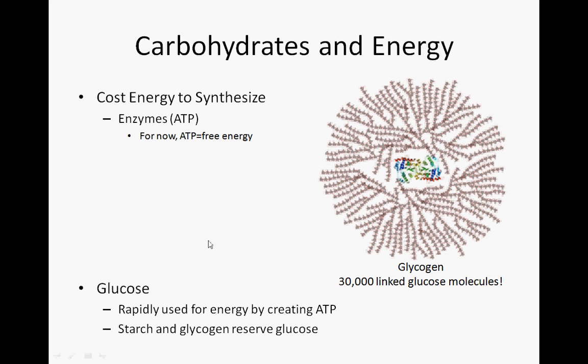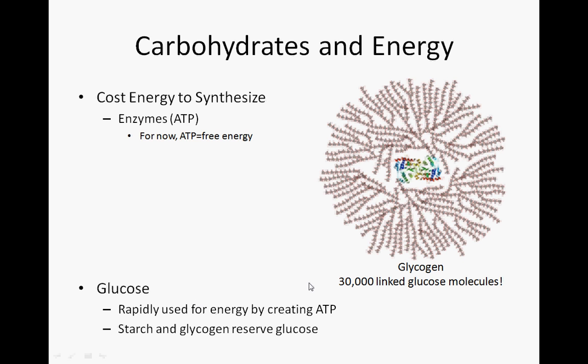Okay, that being said, as a reminder, when we had glycogen up on the slide a few slides back, I was pointing out that it's actually a bunch of individual glucose monomers all tangled up together. On average, it's about 30,000 linked up glucose molecules. So you need glucose again to make your ATP.